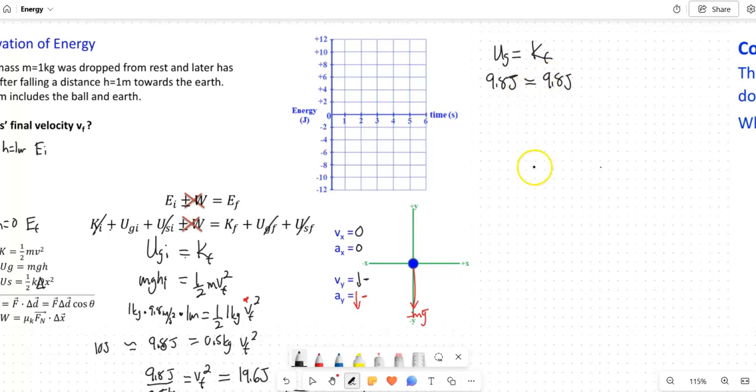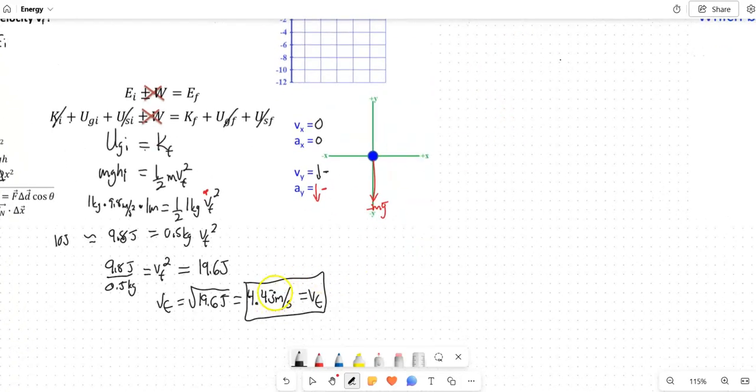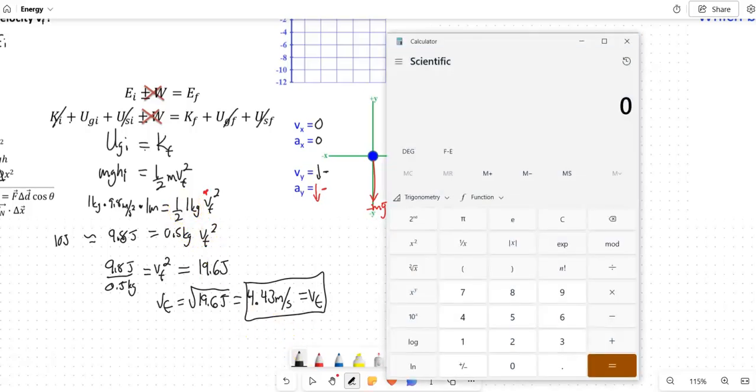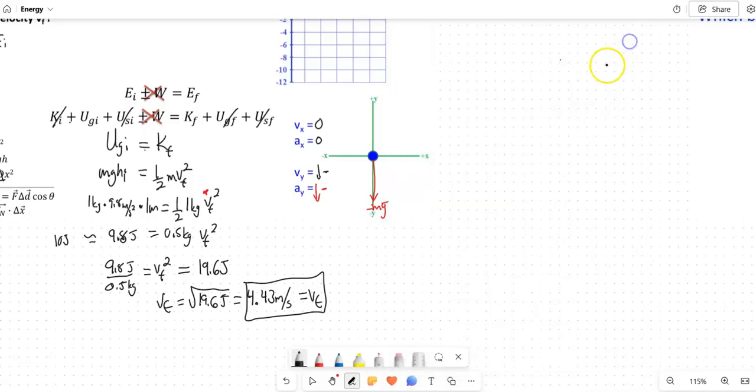right? If you take 4.43 and square it and multiply it by 1 kilogram times 1/2, I'll just prove it to you. 4.43 times 4.43 times 1 kilogram times 0.5, 9.8, right?